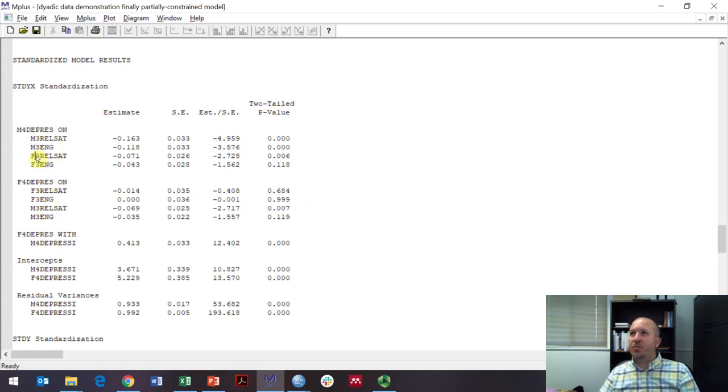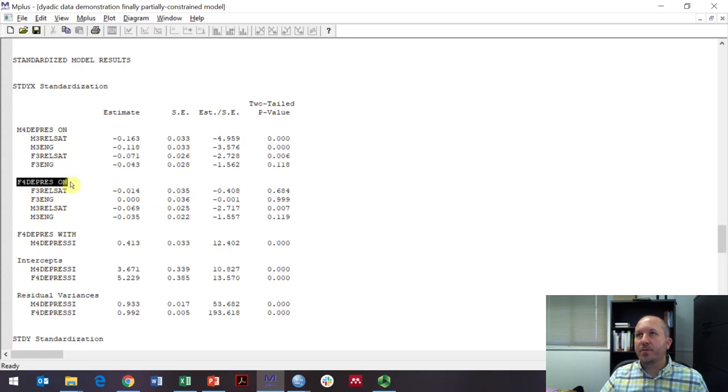And then relationship satisfaction is significantly associated. So when their partner's reports of relationship satisfaction go up by 1 standard deviation, their own depression goes down by 0.04 standard deviations.